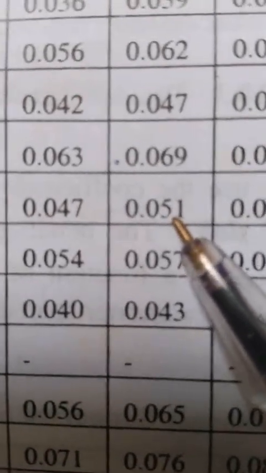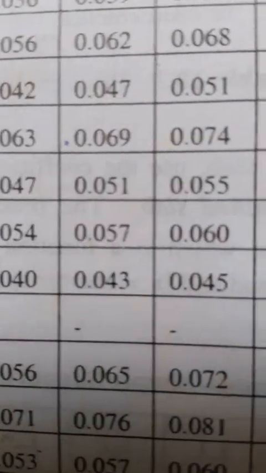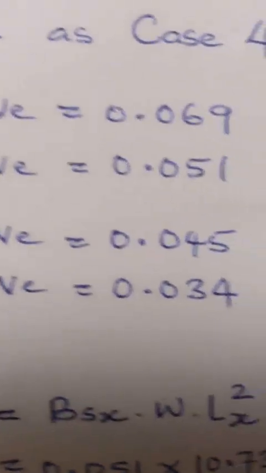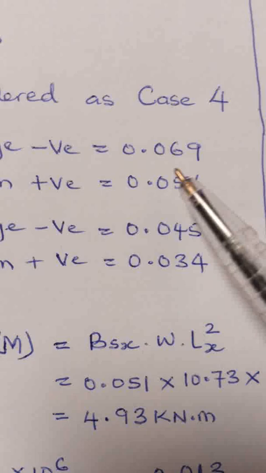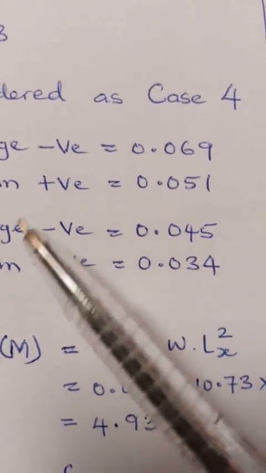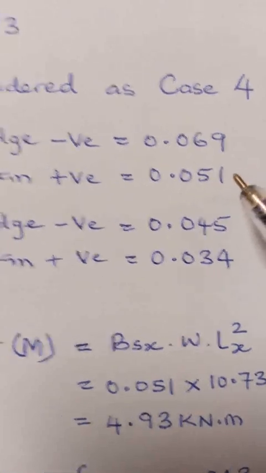You have to write out these two. You can see it here: edge negative 0.069, positive, that is the span, 0.051.